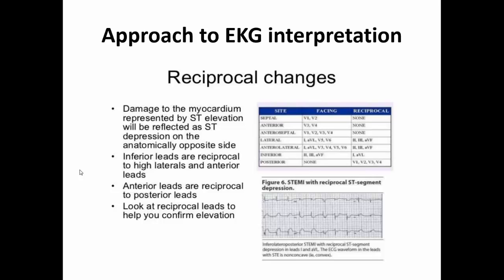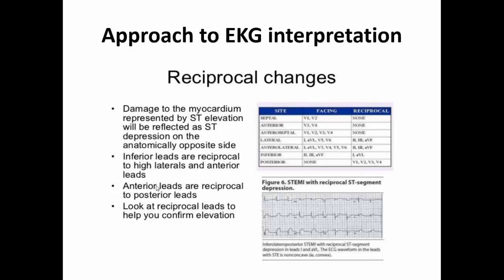If you have a posterior MI, you don't see ST elevation. Remember, we talked about that. You see ST depression in lead V1, and you may see some reciprocal changes, that's the depression in leads V1 through V4. For the inferior leads, the reciprocal leads are the high lateral and anterior leads.